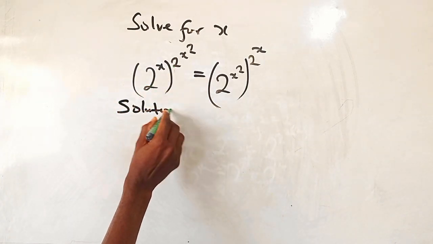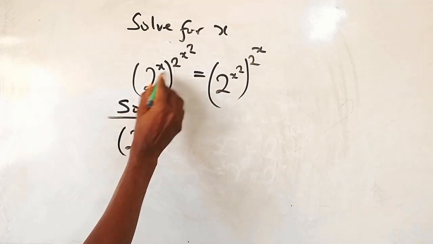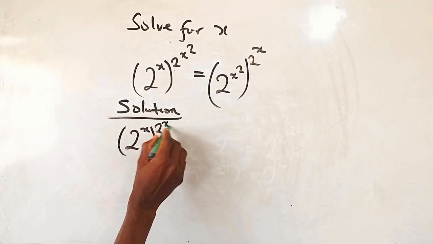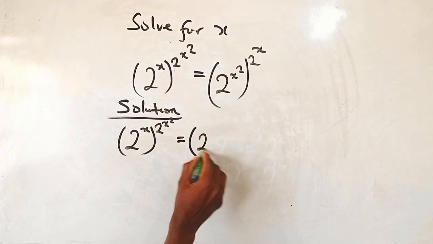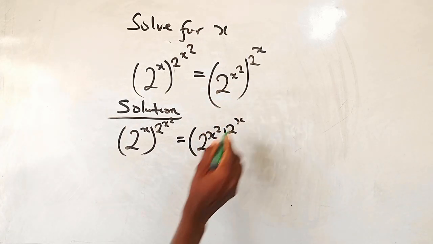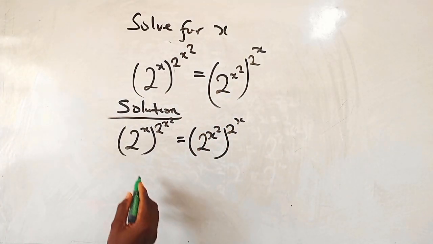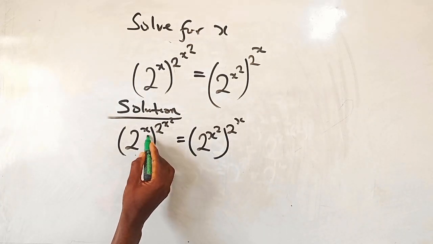Solution. From here we have 2 raised to power x, raised to power 2 raised to power s squared, equals 2 raised to power s squared, raised to power 2 raised to power x. So we have equal base, so we can apply the exponent law.